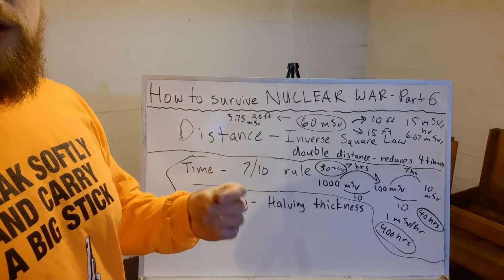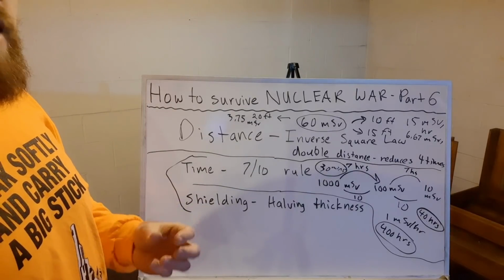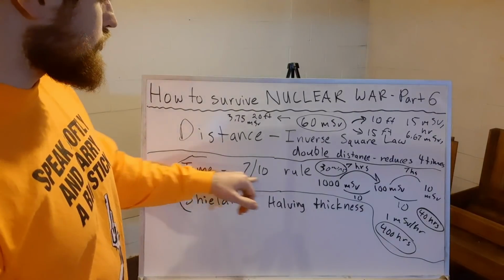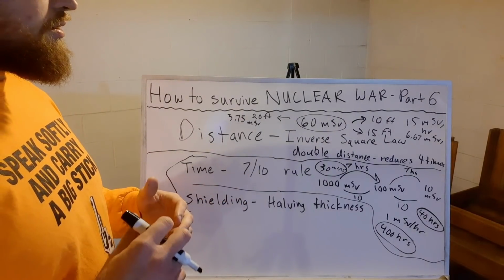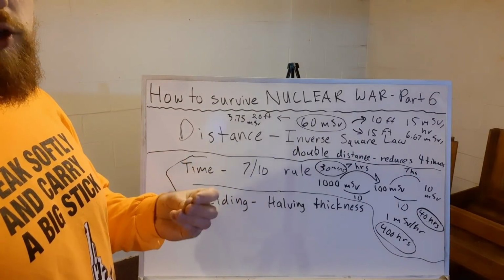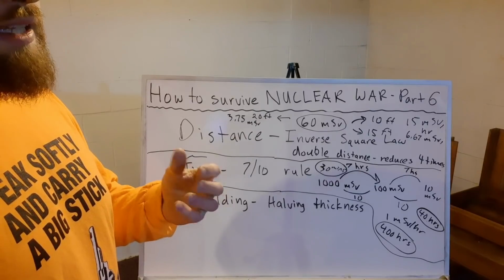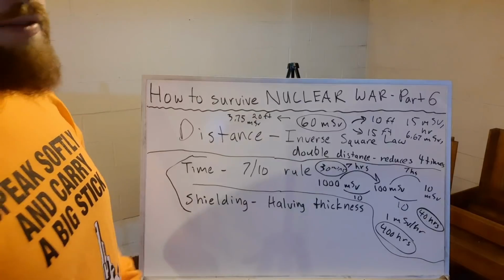But because those particles are so small, they're like sand, they don't hold the radiation very long, okay? They decay rather quickly through the 7-10 rule, okay? They're not plutonium, they're not uranium, they're just very small particles the size of sand that get irradiated from the explosion, and then they rain down everywhere.